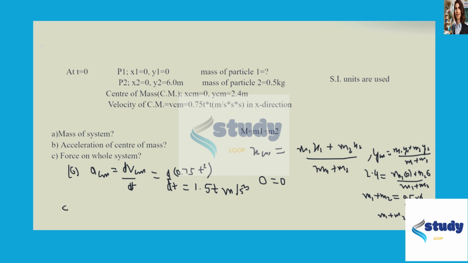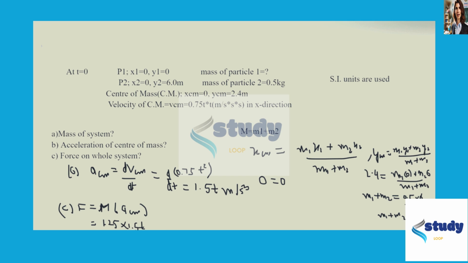Now we need to find the force on the whole system. Force on the whole system equals the mass of the whole system, which is m1 plus m2, multiplied by the acceleration, which we have already found. So this equals 1.25 multiplied by 1.5 t.